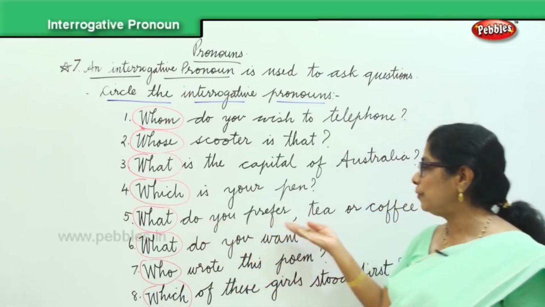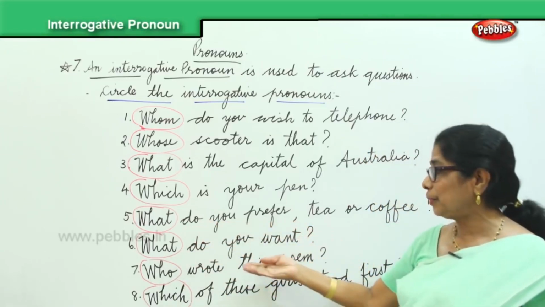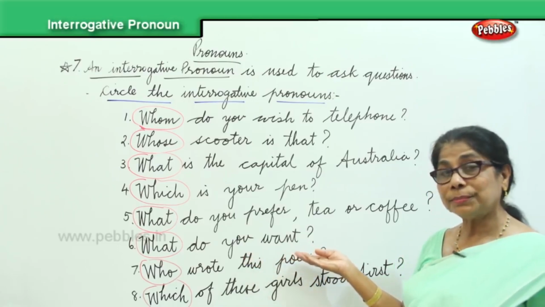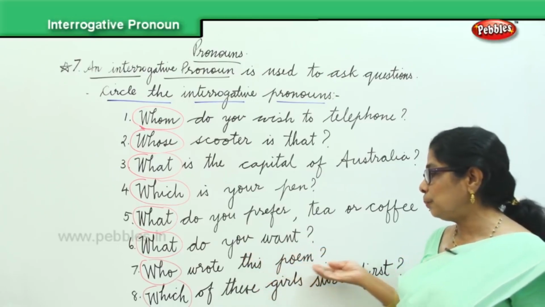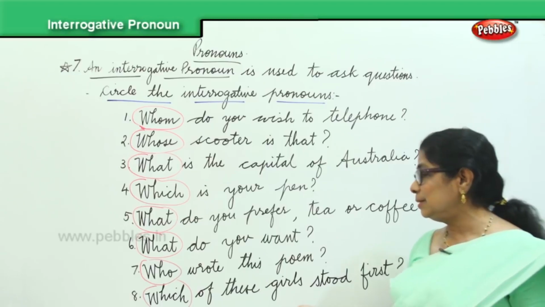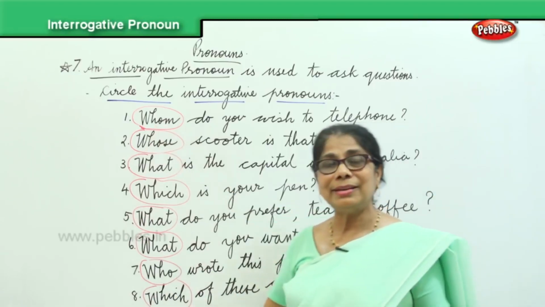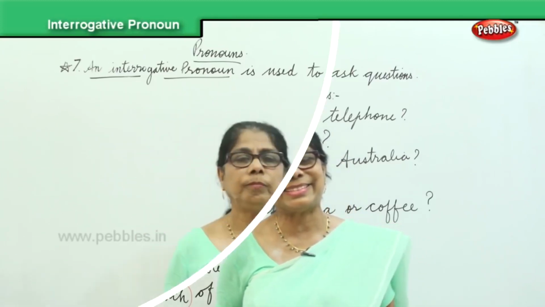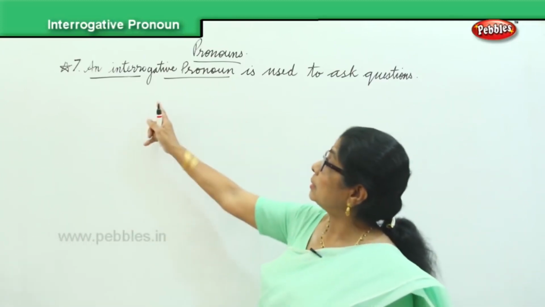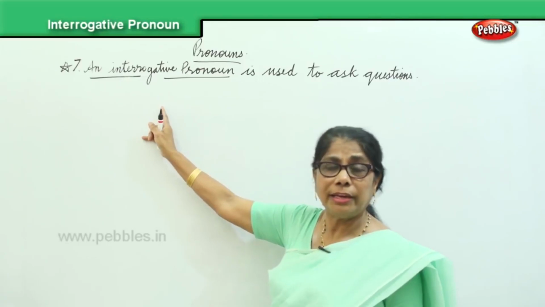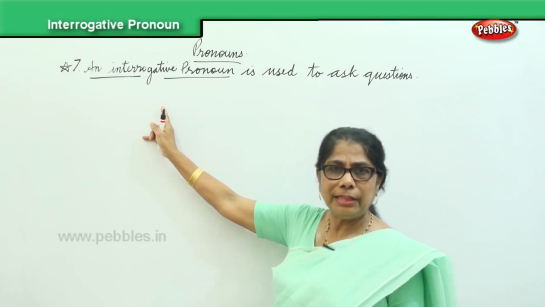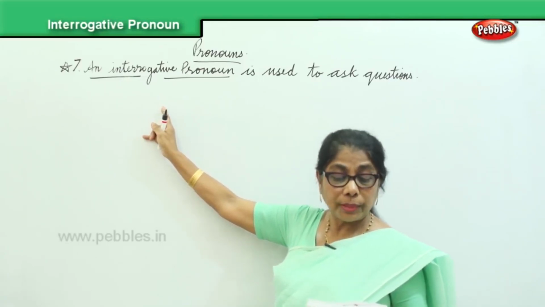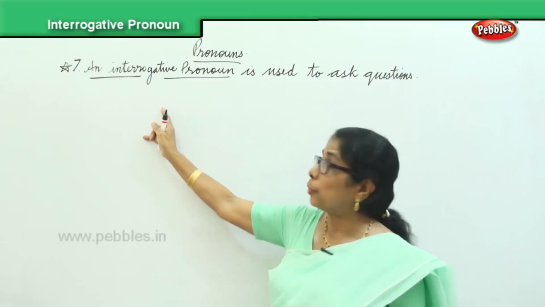What do you prefer, tea or coffee? What do you want? Who wrote this poem? Which of these girls stood first? We'll do one more exercise in interrogative pronoun. Fill in the blanks with correct interrogative pronouns.